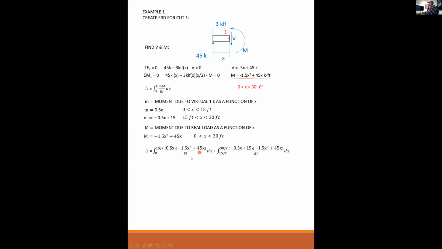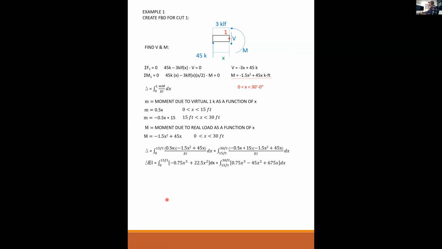Capital M is minus 1.5x squared plus 45x. That goes here and here. And I have over EI dx and over EI dx. So I got two integrals. One is expressed for the first half, the other one expresses the second half.